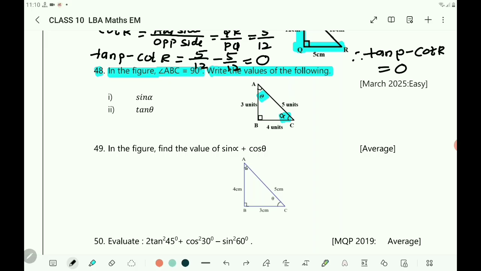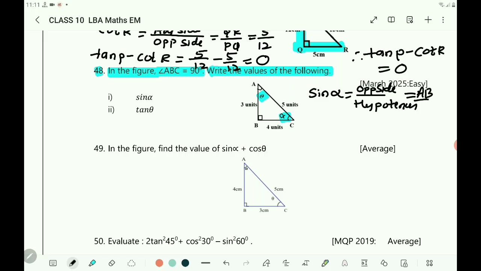Then you write sin alpha is equal to opposite side by hypotenuse, equals, for alpha the opposite side is AB, hypotenuse is AC, AB by AC.